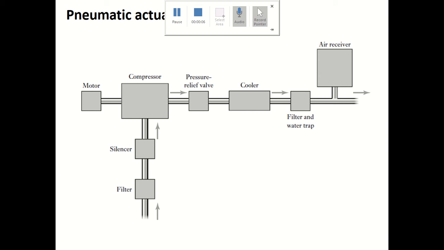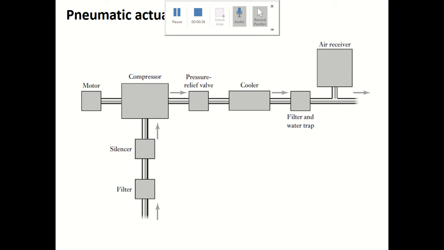So we were discussing the different actuation systems used in mechatronic systems, and we started discussing different types of actuation systems. In this part we are mainly concentrating on the pneumatic as well as the hydraulic actuation systems.